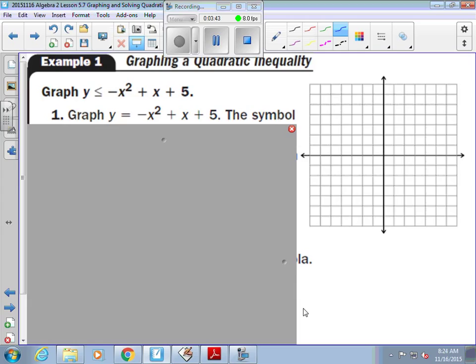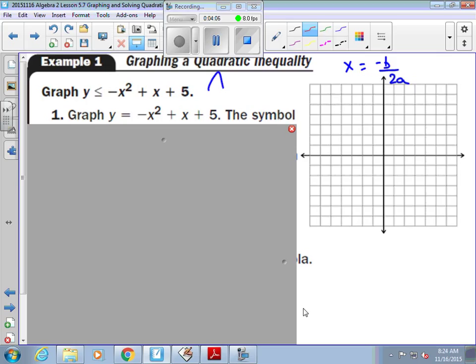It's negative. This value right here is negative, means it's going to open down. Okay, so before we do anything else, determine that it's going to open down. All right, from there, you need to find what your x-value of the vertex is. Remember, x is negative b over 2a. You need to memorize that, negative b over 2a.